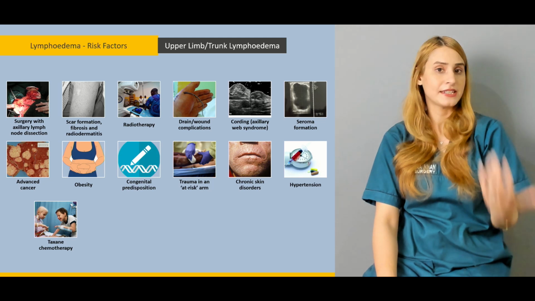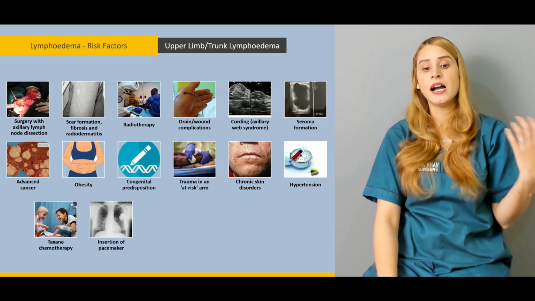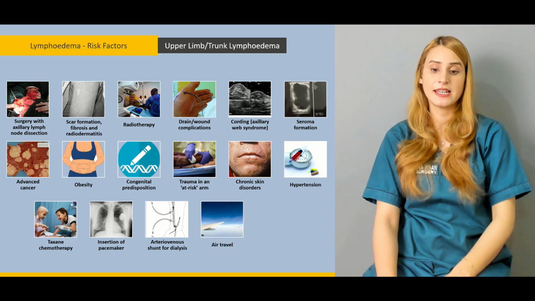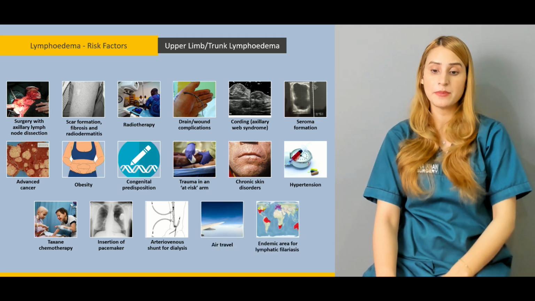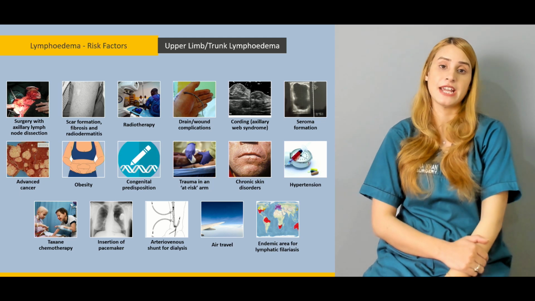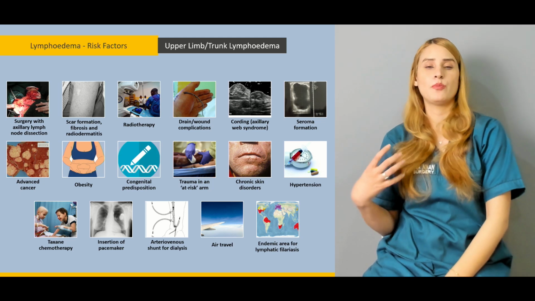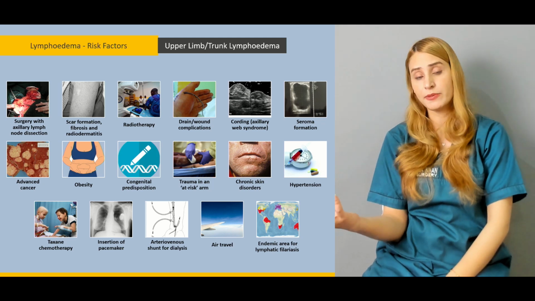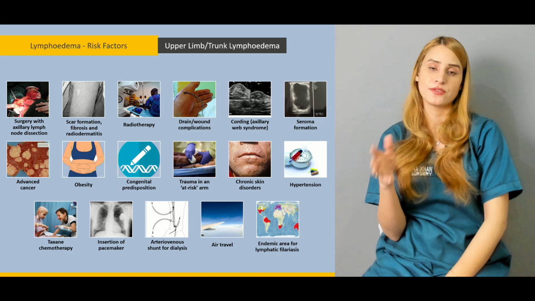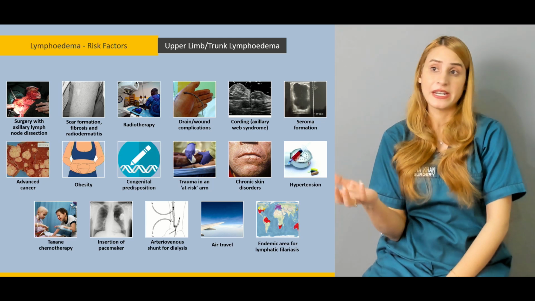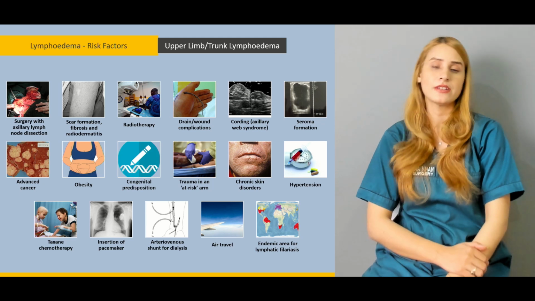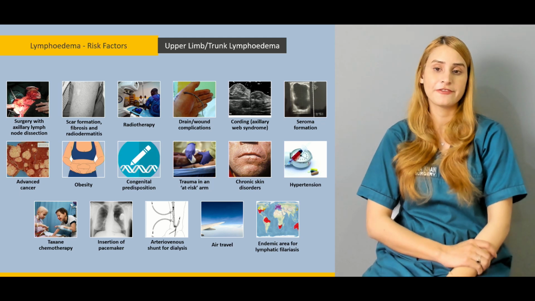Other than that, taxane chemotherapy, insertion of a pacemaker, AV shunt for dialysis, air travel, and endemic areas for lymphatic filariasis. In one way or another the mechanism remains the same: some kind of damage to the lymphatic channels, or some kind of interference with the drainage of lymph, that all leads to lymphedema.